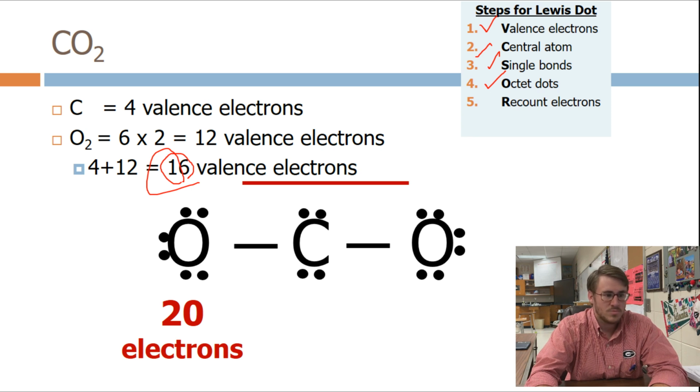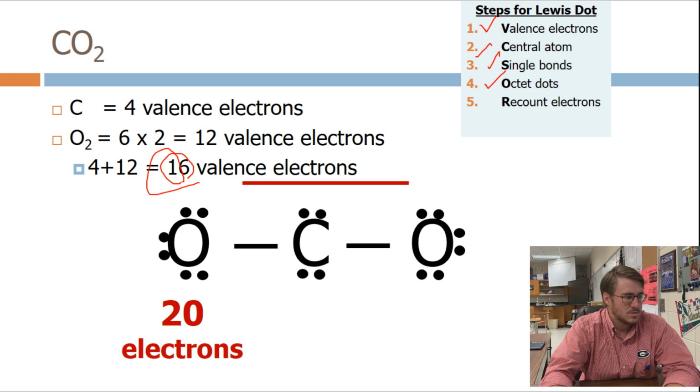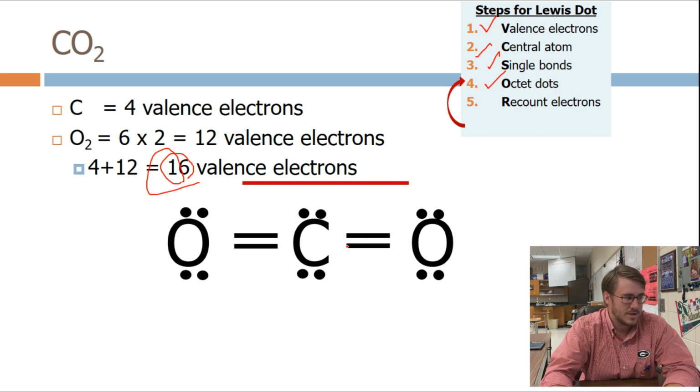If you're following, you probably see that we're going to need some more bonds. So let's draw another bond for each of them. This single bond counts as here and here, so I need to erase the dots. This bond counts as here and here, so I need to erase the dots, and erase the dots from carbon.